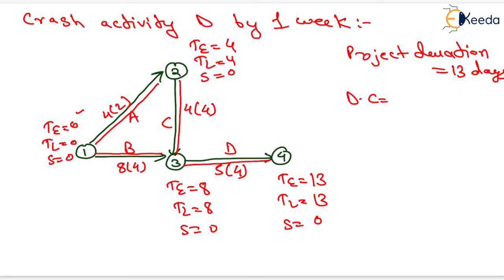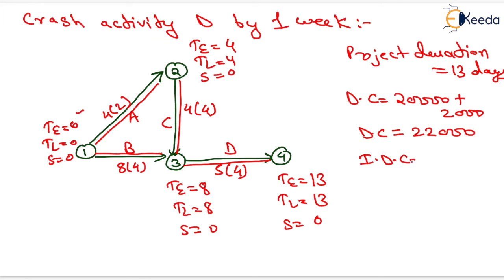Direct cost will be equals to 20,000 which we had calculated earlier plus 2,000, that is the cost slope for activity D. After adding these two values we will have the direct cost equals to 22,000 rupees. Now indirect cost will be equals to 13 into 1000 which is already given in the question, so it will be equals to 13,000 rupees.